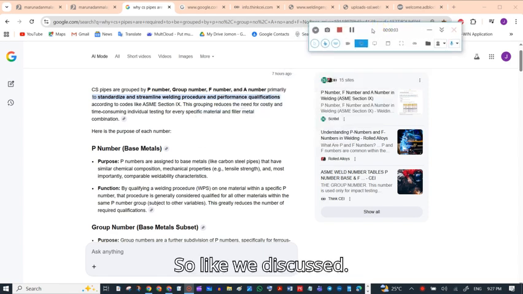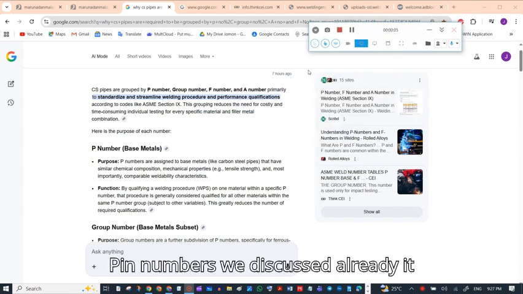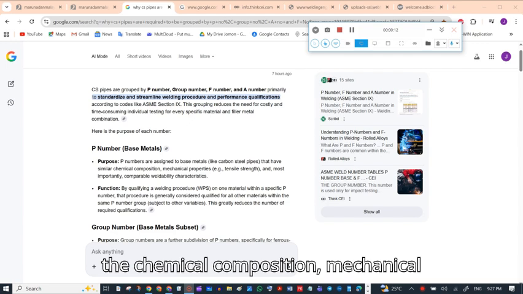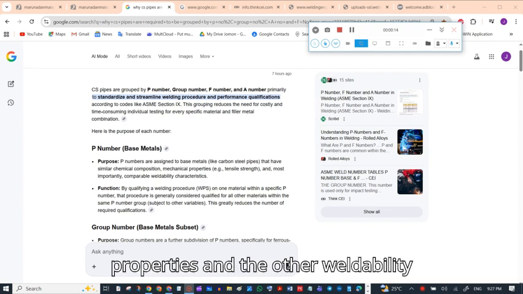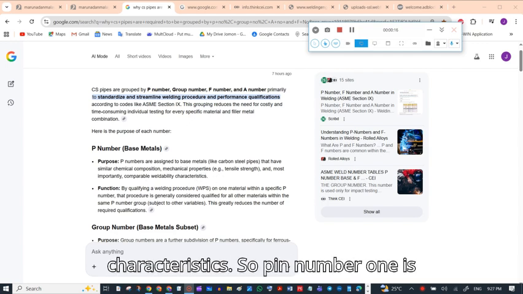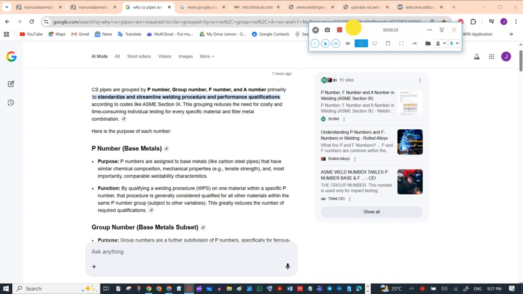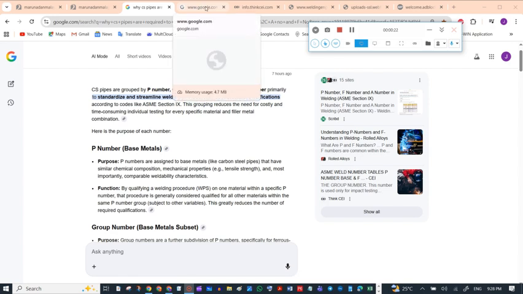So, like we discussed, P numbers are assigned to base metals depending upon the chemical composition, mechanical properties, and other weldability characteristics. So P number 1 is assigned to carbon steel type.